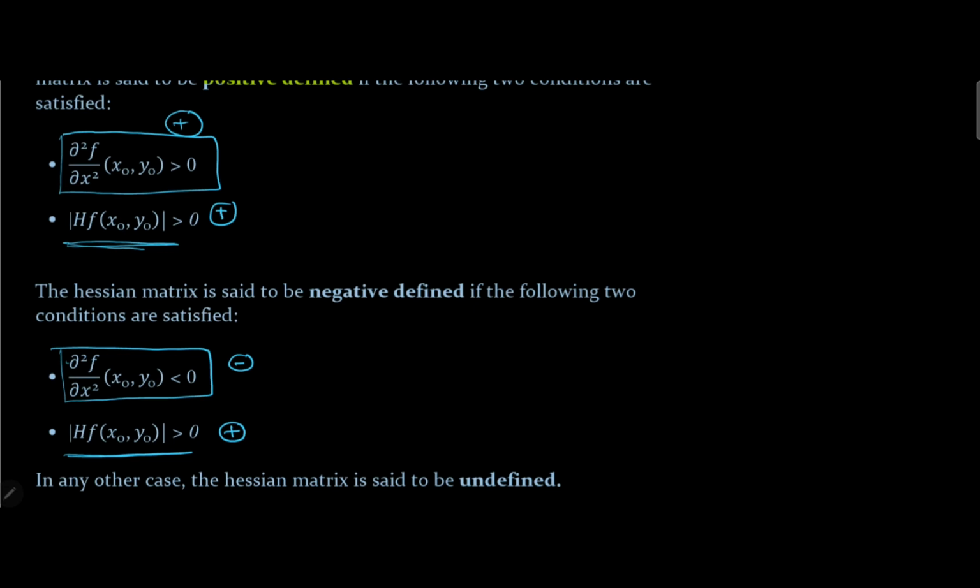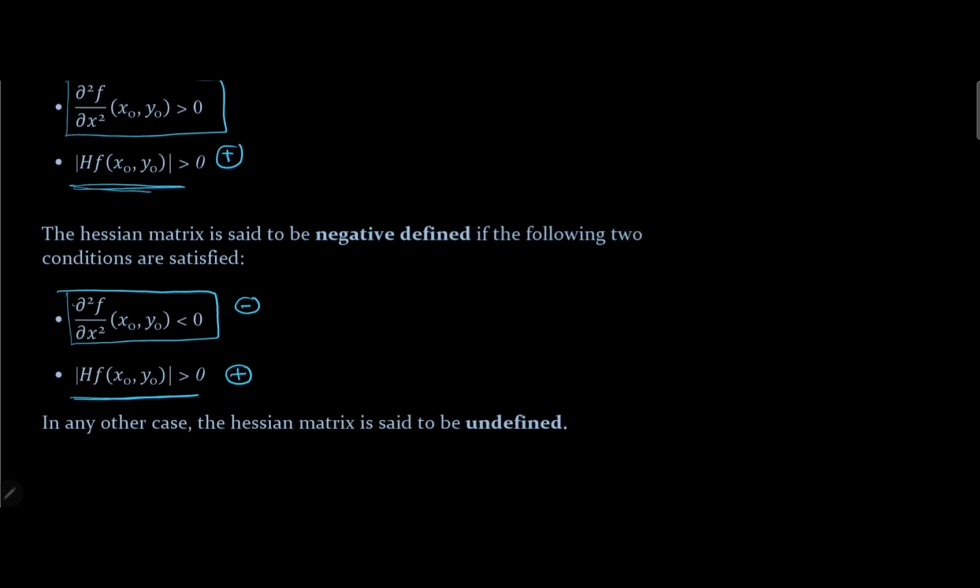So negative, negative, it's not a negative Hessian. A negative Hessian matrix is negative, positive. First negative and then the determinant also positive. Okay, in any other case, we have an undefined Hessian matrix.